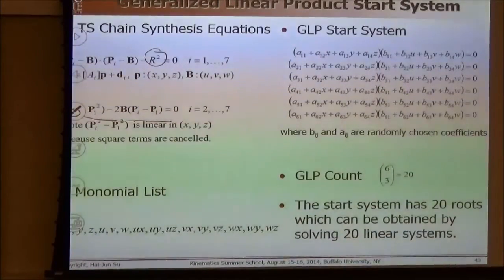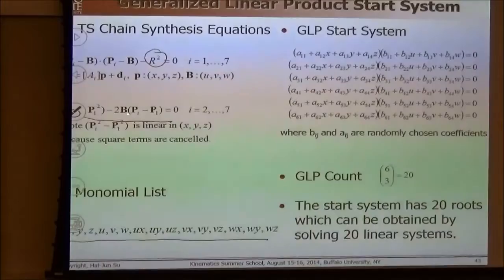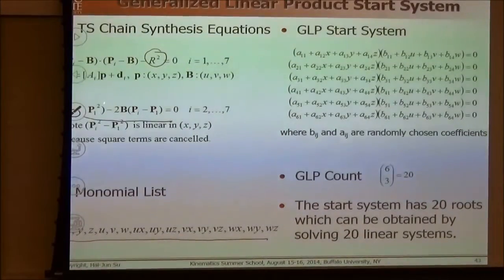And the 6 equations have the monomial list in this way, where the unknowns will be b. b has coordinates u, v, and w, and these are all vectors, and what I have here is really a dot product, and the vector square is really just p1 dot itself, like p1 dot p1.